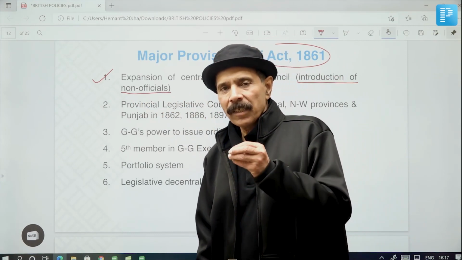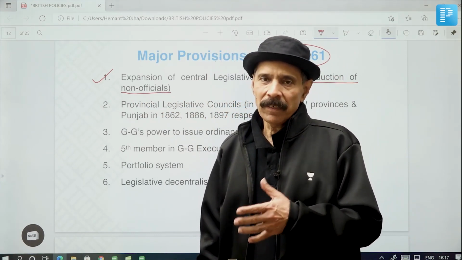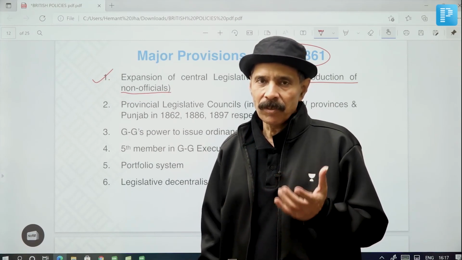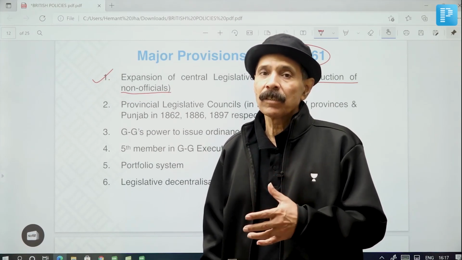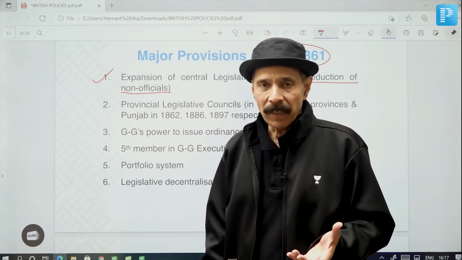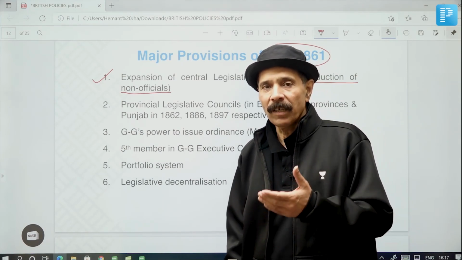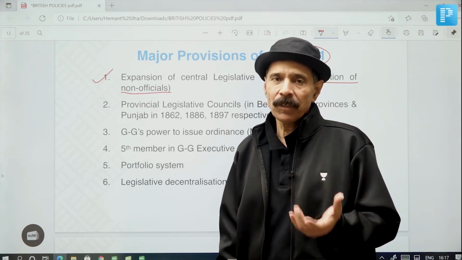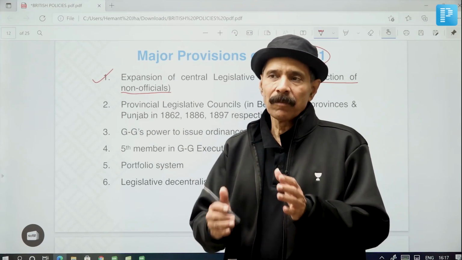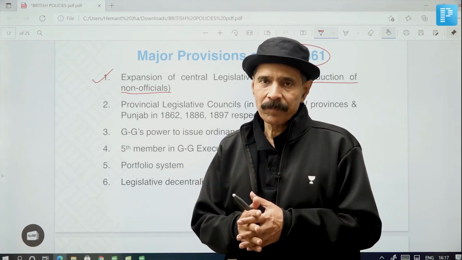So Central Legislative Council created by Charter Act 1833, expanded by Charter Act 1853 by introducing official members, and further expanded by Indian Councils Act 1861 by adding non-official. Non-official means the members that were not the part of official machinery.